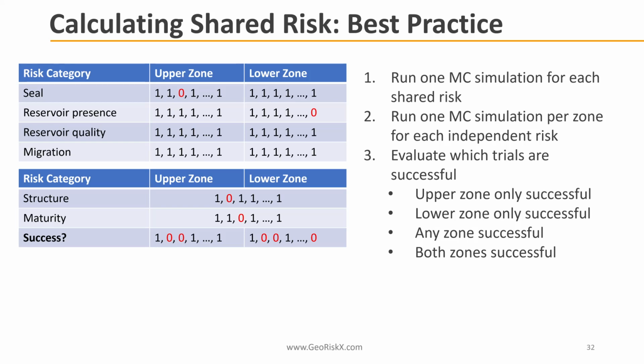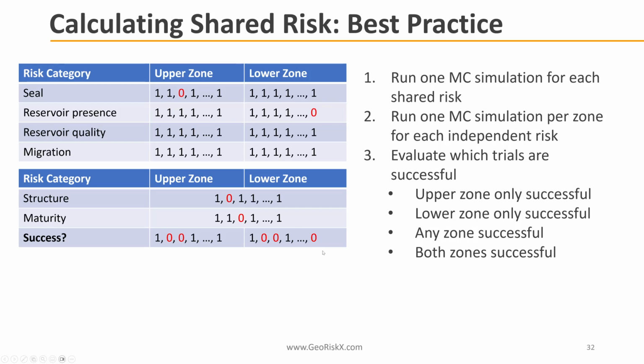What's the chance of success for our lower zone for the independent risk? And then what is it for our common risk? We'll run each of those trials, and we see that for our common risk we have a failure in trial 2 and a failure in trial 3, and so that flows down.